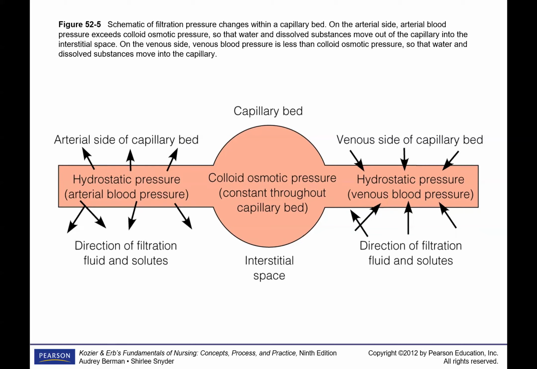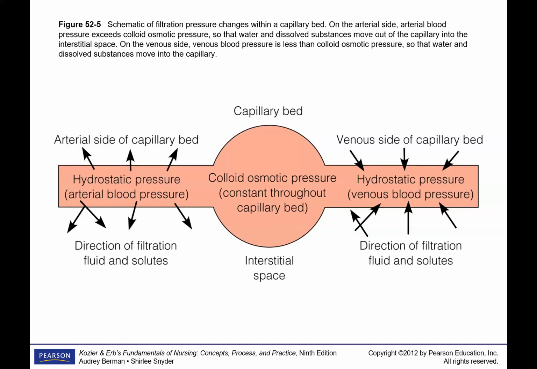Now, once we get to the venous side, we've lost solutes and we've lost fluid. There's less fluid there, so the hydrostatic pressure is lower. The venous blood pressure is lower than the colloid osmotic pressure.